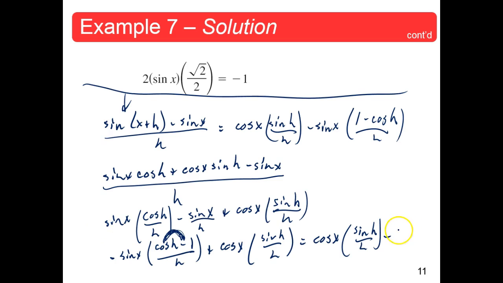So that's why it becomes a minus sine x times 1 minus cosine h over h. Sorry, I ran out of screen there. Now we've got them looking exactly the same.